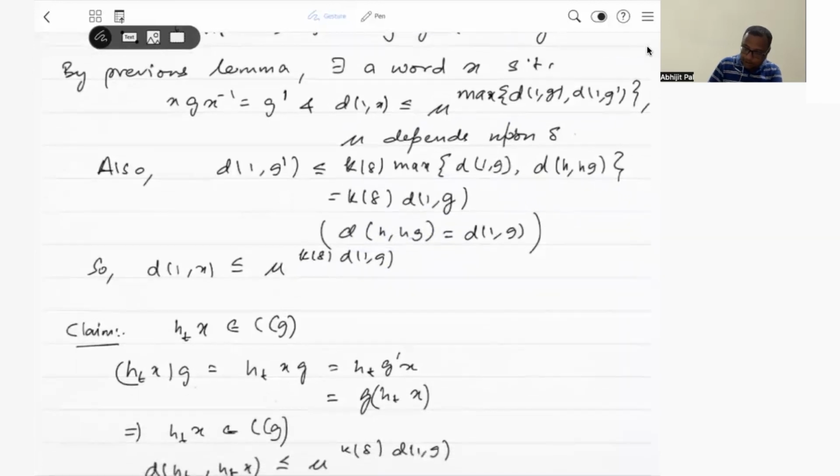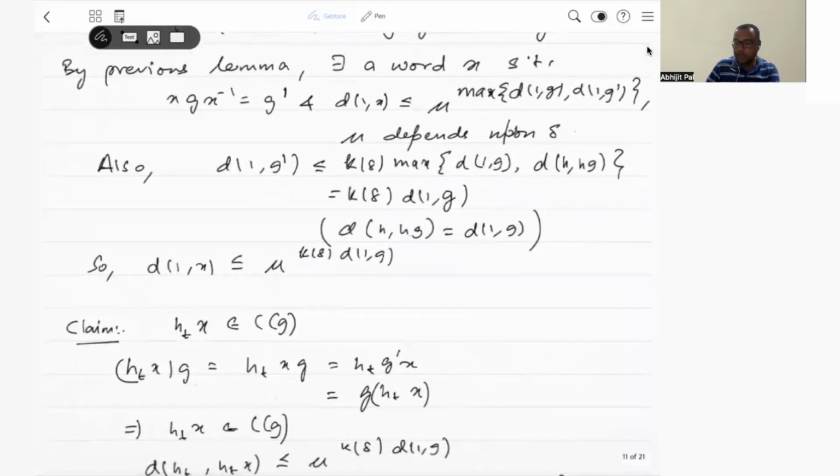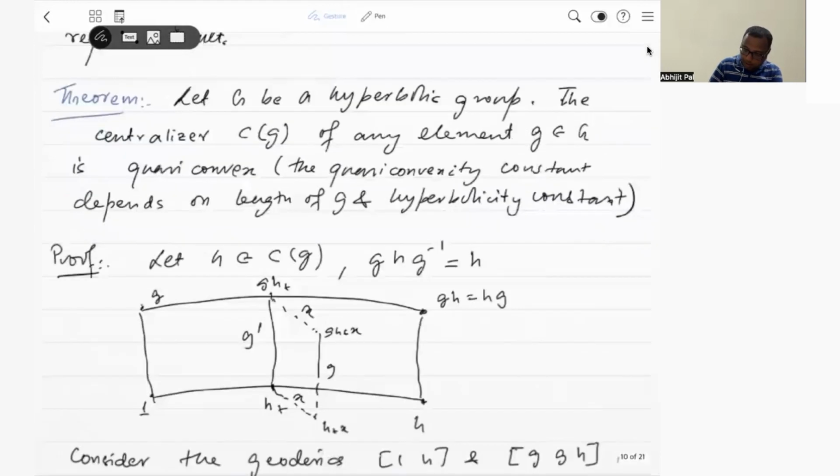Okay. So we want to prove that the centralizer is quasi-convex. We have taken this point h_t, and we need to find some point in the centralizer such that the distance of h_t to that point is less than or equal to some function of delta and the length of g.